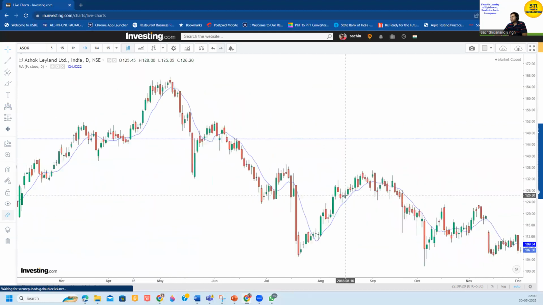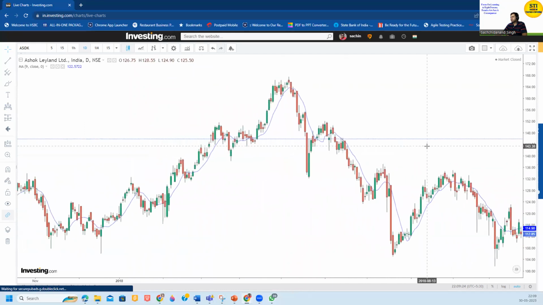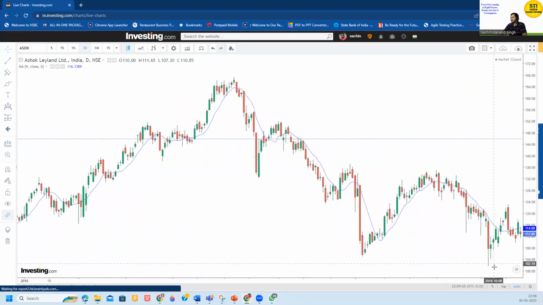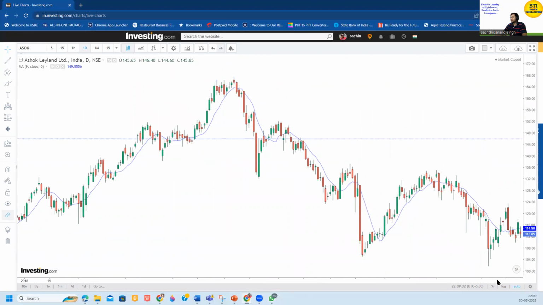After that, you can further zoom in and zoom out to make it a much clearer view. But once you do auto, in this zooming situation, it will give you the best view.